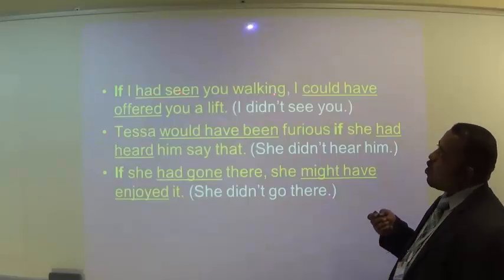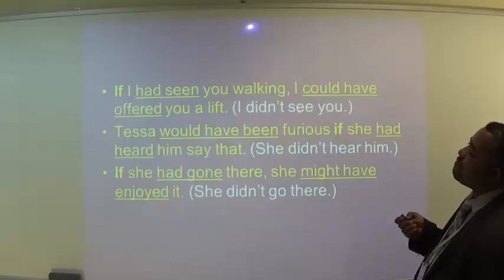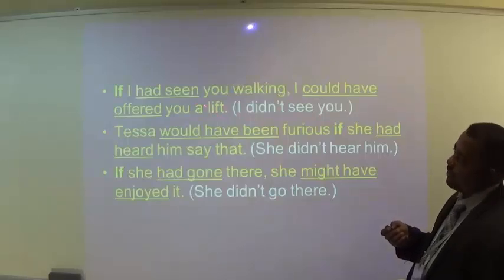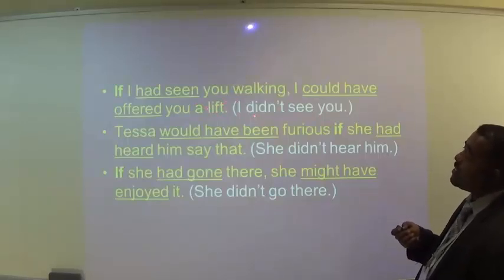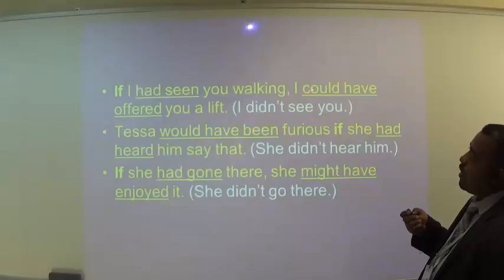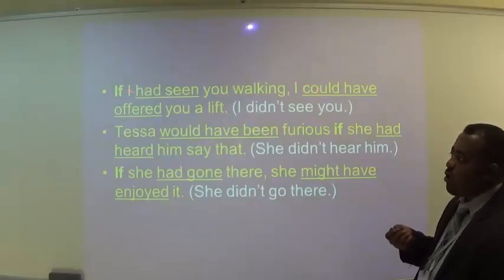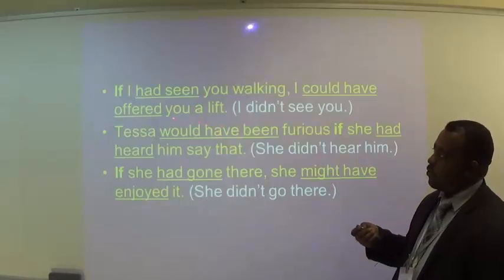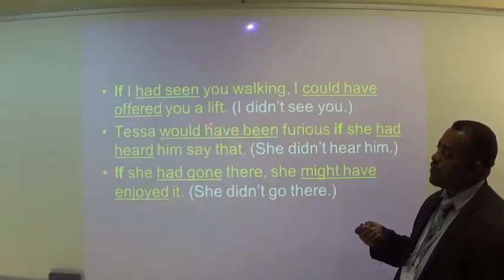If I had seen you walking, I could have offered you a lift. That means in reality, I didn't see you, so I couldn't offer you a lift. So that is the meaning of the sentence.